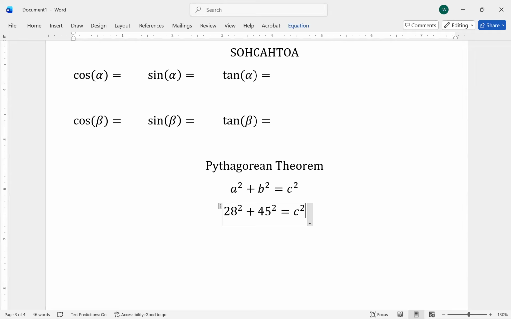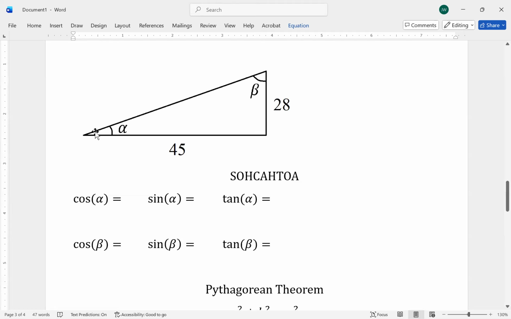Now, when you type that into your calculator, 28 squared plus 45 squared is 2,809. So let me write that down. 2,809 is equal to c squared. And now I can take a square root of both sides. I can take the positive square root since we're talking about lengths here.